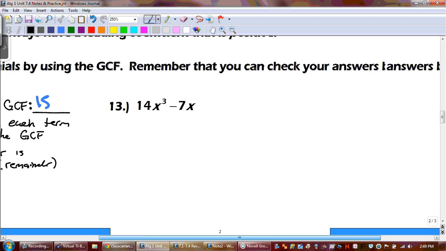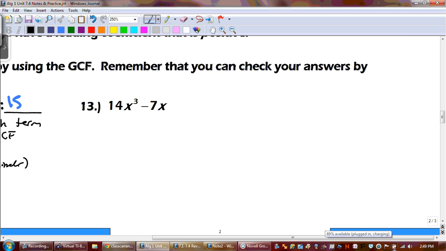All right, let's look at 13. So 13, step 1 says that I need to find the GCF. So the GCF of 14 and 7, and if you guys seriously do this, 1 and 14, 2 and 7, 7 is 1 and 7. Always make sure that you're getting the right number.